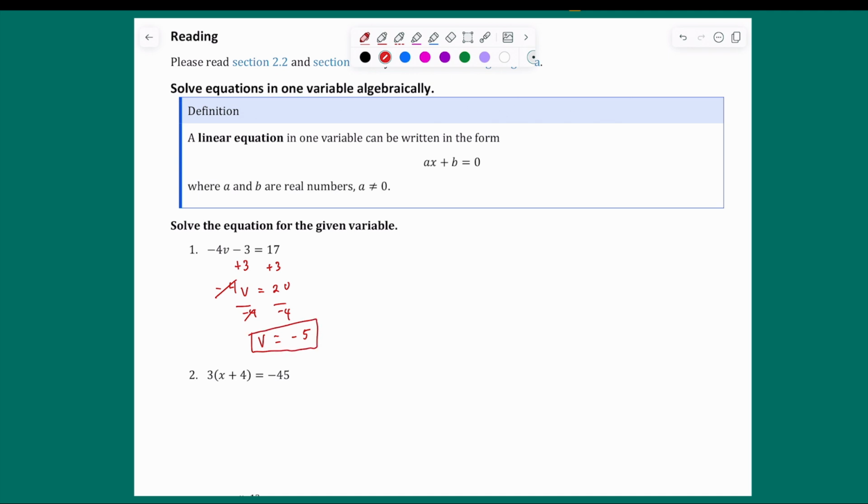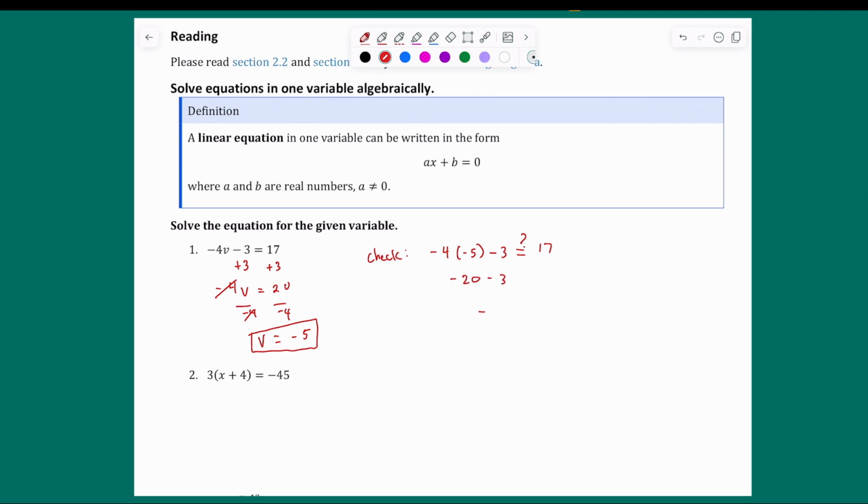And you could always check your solution by resubstituting back into the original equation. So when we plug it in, we get negative 4 times negative 5 minus 3. And the question is, does this equal 17? We get negative 20 minus 3 if we evaluate the left-hand side.